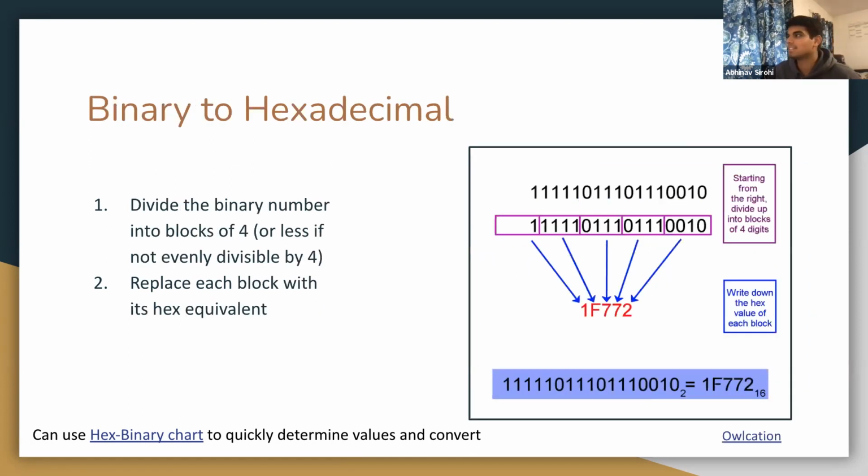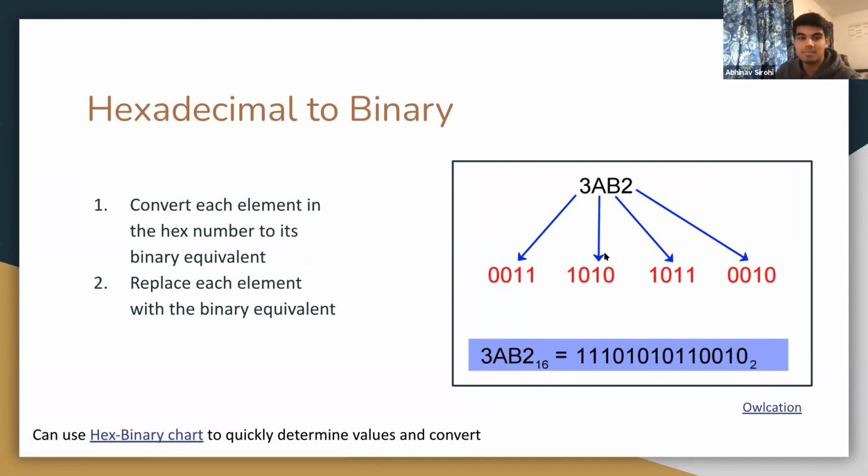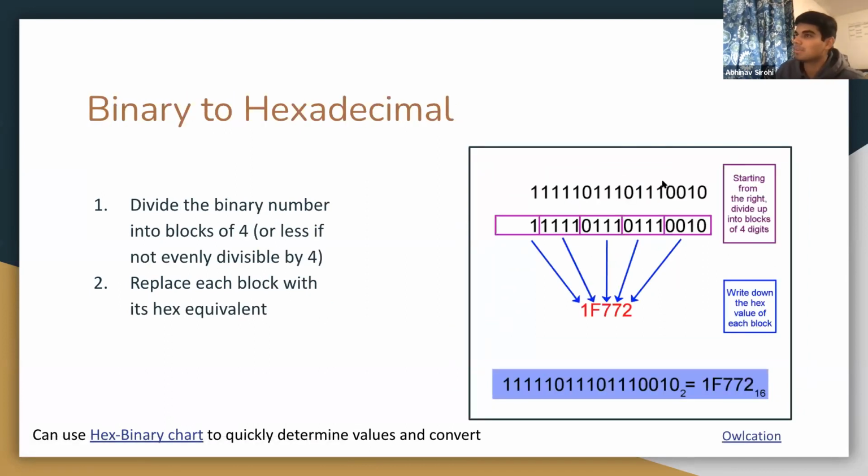And then we have binary to hexadecimal, so the other way around. It's a similar concept. Here we just took each of the elements and got its binary equivalent, and here we do the same thing, except we group them into blocks of 4 digits, or fewer if it doesn't divide evenly by 4, whatever you have left at the end.